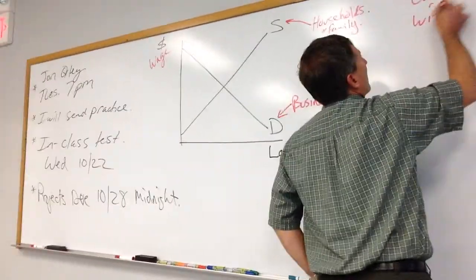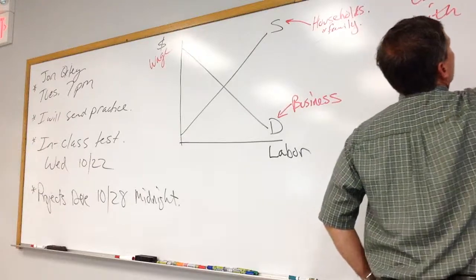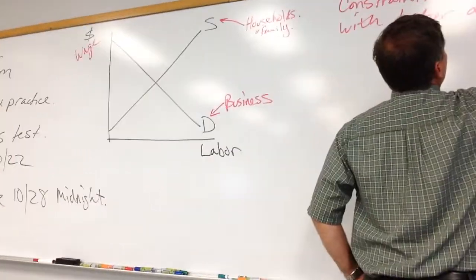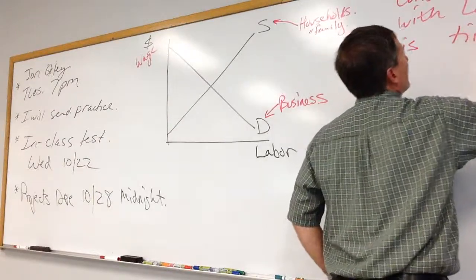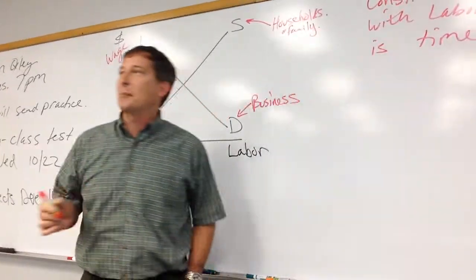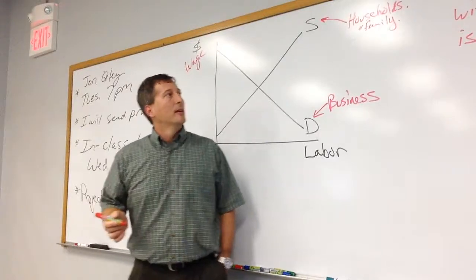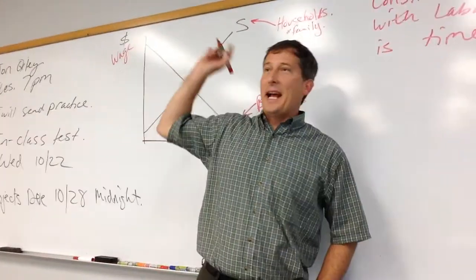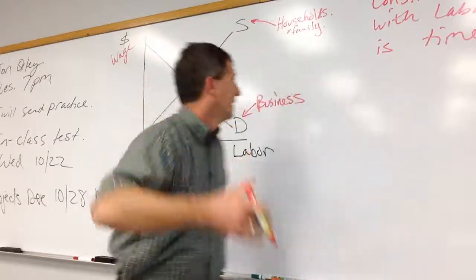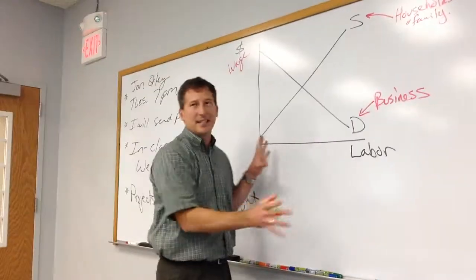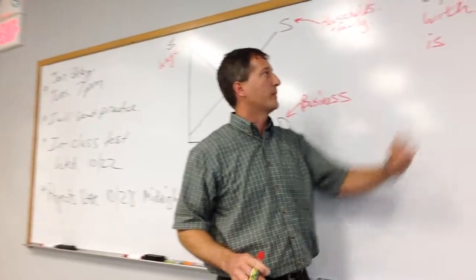with labor decisions is time. We haven't talked that much about time constraints. How many hours in a day? 24. So that all of a sudden puts a constraint on this that's different than other choices we've looked at.